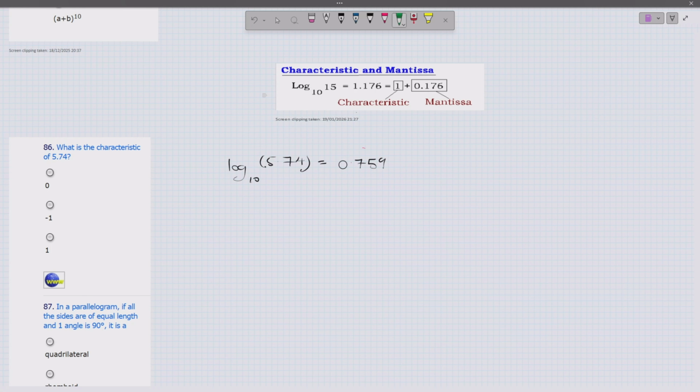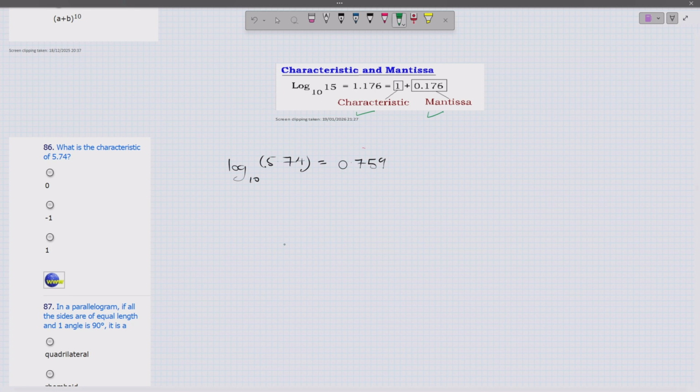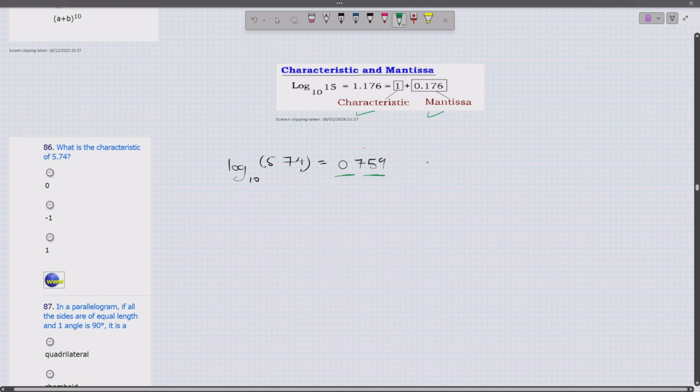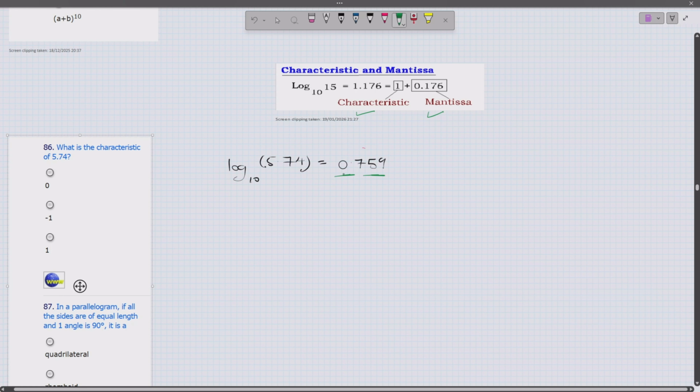So the whole number is the characteristic, the decimal or fraction is the mantissa. So for 5.74, which gives the value 0.759, the characteristic is 0 and the mantissa is 0.759. So that will be the characteristic.